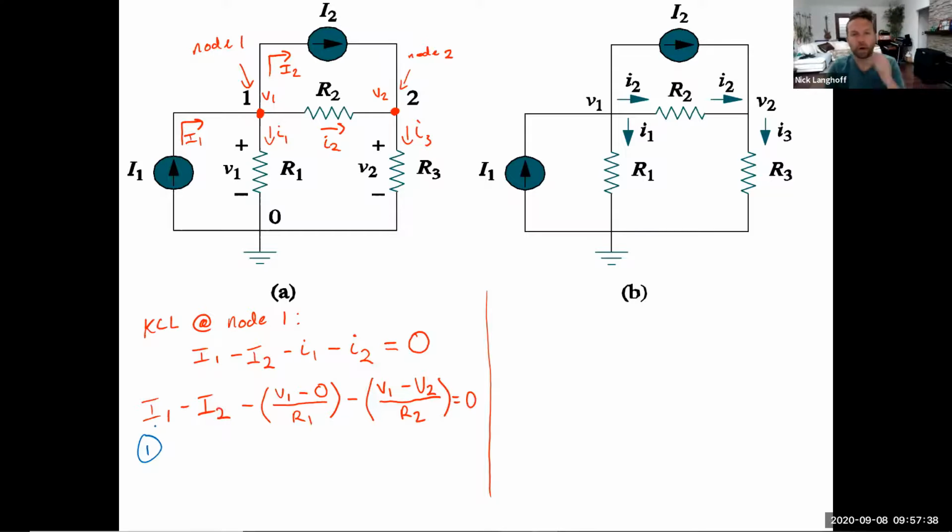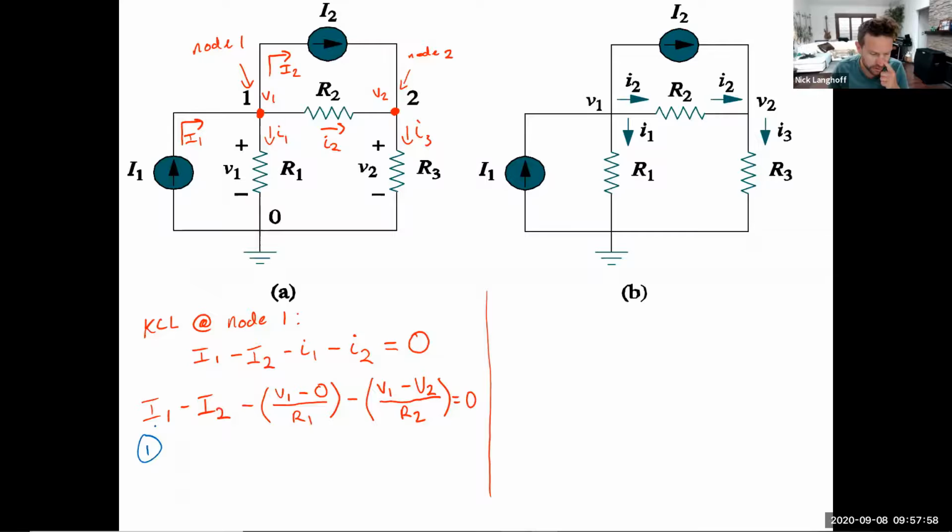That would be equation 1. So you can see that shown in this form, if the current sources I1 and I2 and the resistors R1 and R2 are known, we have two unknowns, V1 and V2. So we have one of the equations.